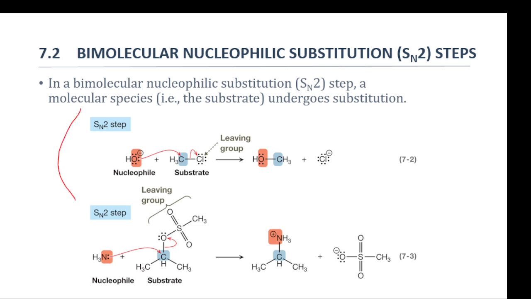All right. So in a bimolecular nucleophilic substitution, SN2 step, a molecular species, which will be the substrate, undergoes substitution. Notice the name actually tells you a lot about it. S, substitution, N, nucleophilic. What do you think nucleophilic means?